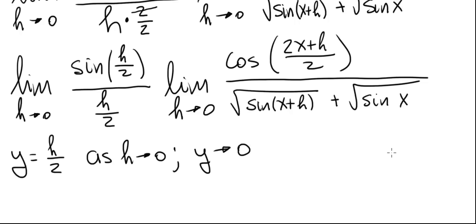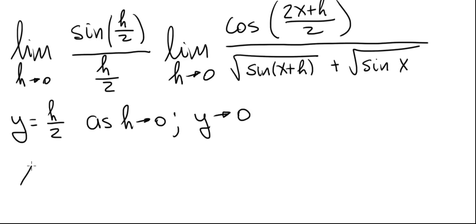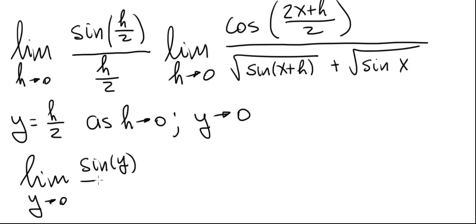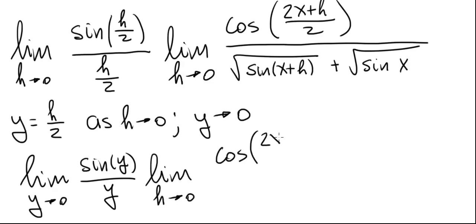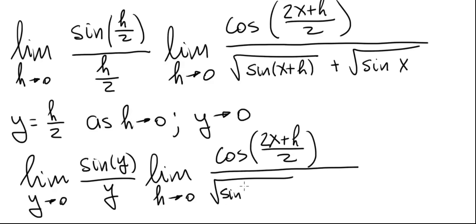And now, for almost the final step of this problem, we rewrite the first limit as the limit as y approaches 0 of sine y over y, that's result number 2, that limit is 1, times the second limit as h goes to 0 of cosine of (2x plus h) divided by 2, divided by the square root of sine of x plus h plus the square root of sine of x.